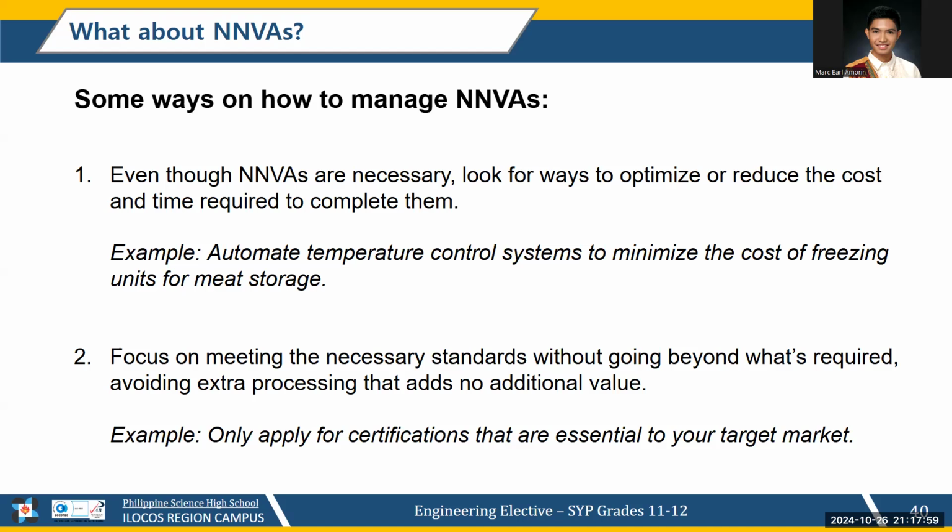So you need to automate the temperature control systems in order to minimize the cost of the freezing unit for meat storage. Number two, what we can do to NNVAs, focus on meeting the necessary standards without going beyond what is required. So, hindi dapat tayo magkaroon ng extra processing, because extra processing is a type of waste.